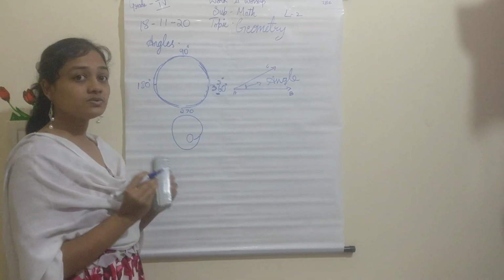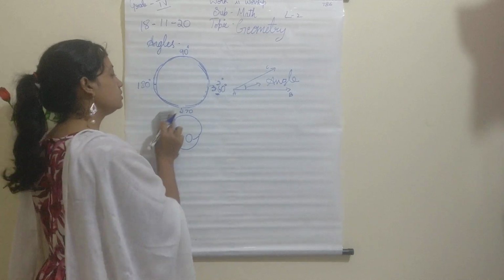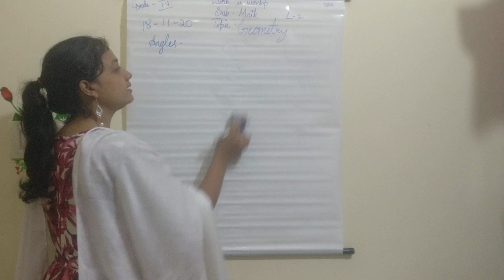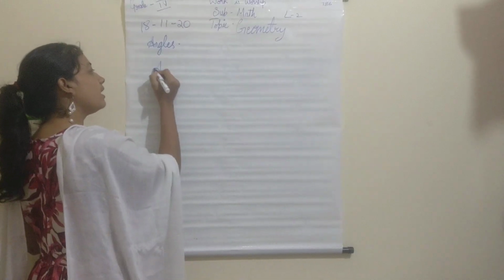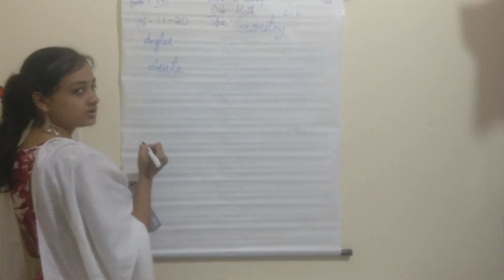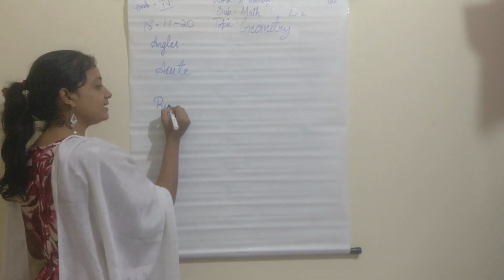If you have understood this, we have different types of angles. To name them, I have acute angle. First one. Next is right angle.